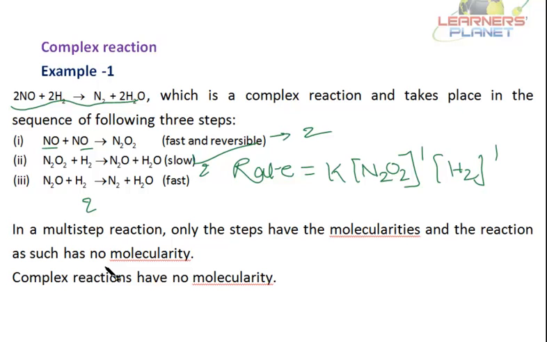So in the case of complex reactions, the molecularity of individual steps is determined. In a multi-step reaction, only the steps have molecularities and the reaction as such has no molecularity.